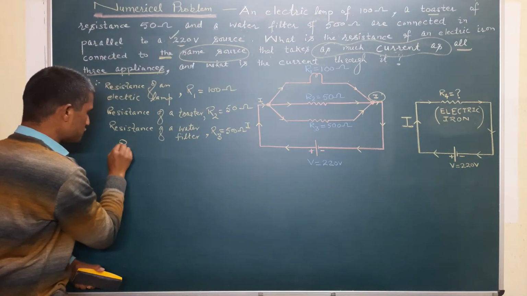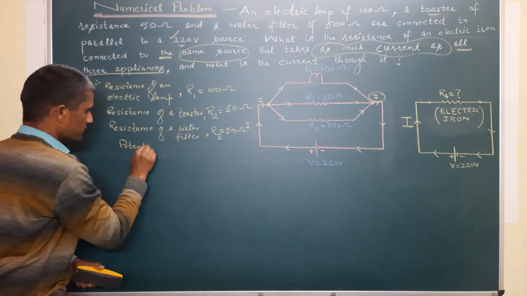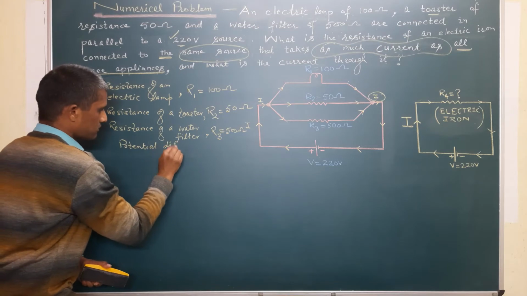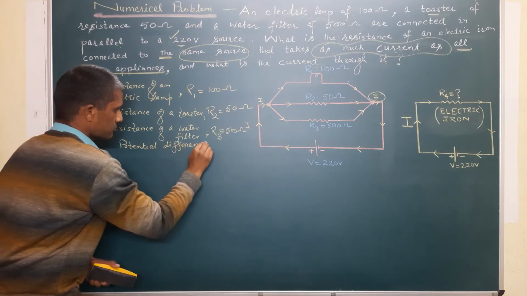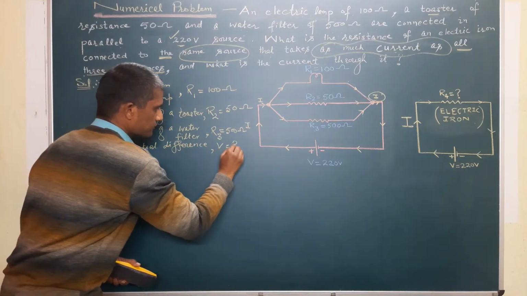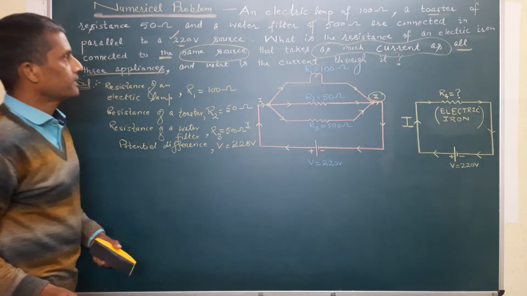It means the potential difference V is equal to 220 volt.